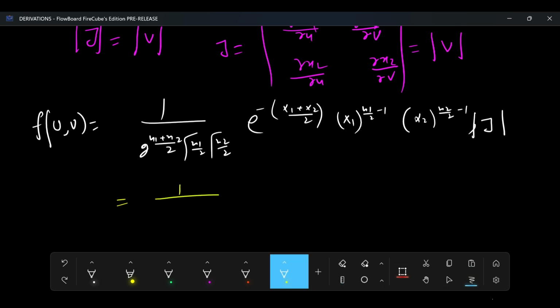So this will be equal to 1 upon 2 raised to the power (n1 plus n2) divided by 2, gamma n1 divided by 2, gamma n2 divided by 2, e raised power minus, what's x1? Wait a minute.